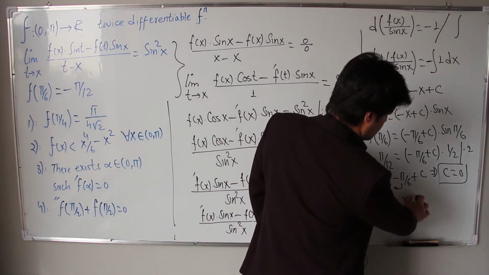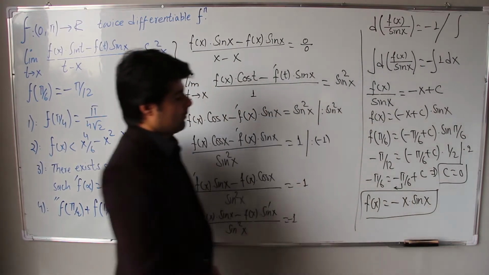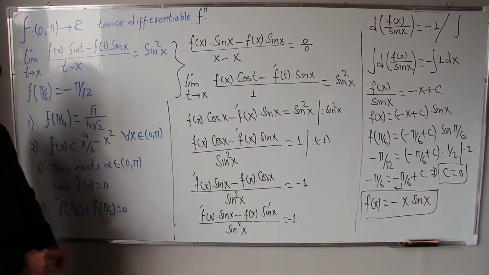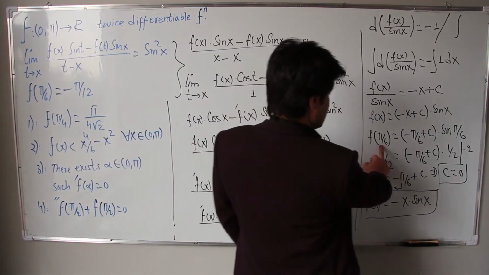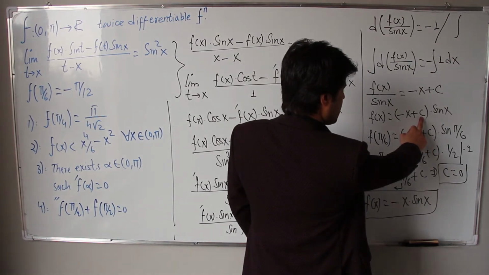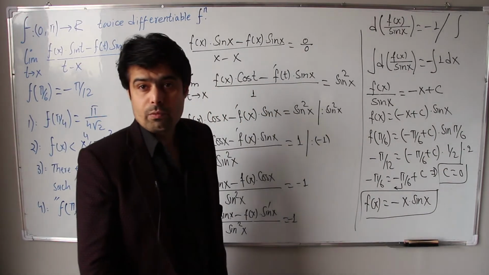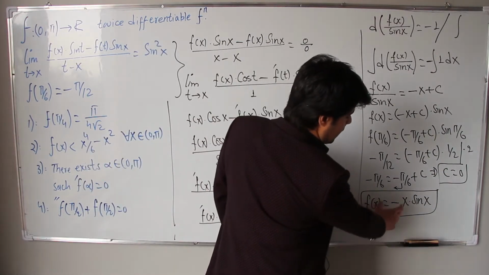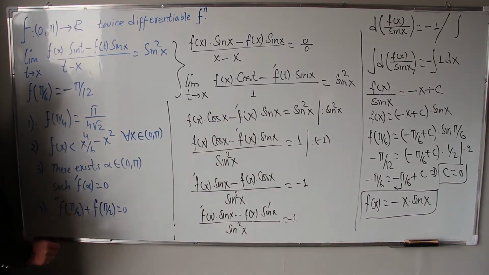So minus x sin x. First, we found f(x). In here, I put pi divided by 6 in order to find the c. When we find c, it means we have minus x, we have sin x, then we can find this f(x). Now, by finding this f(x), we can have the solution.